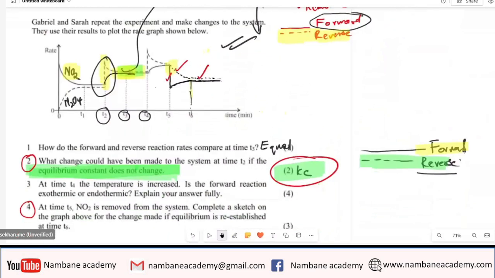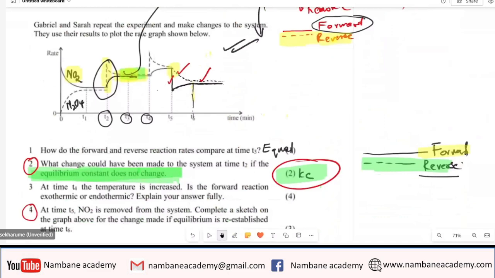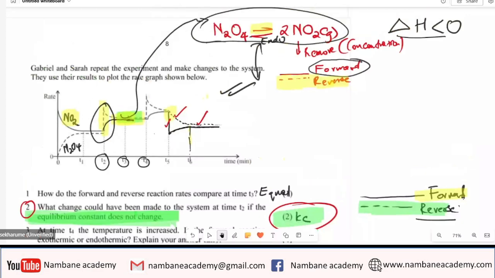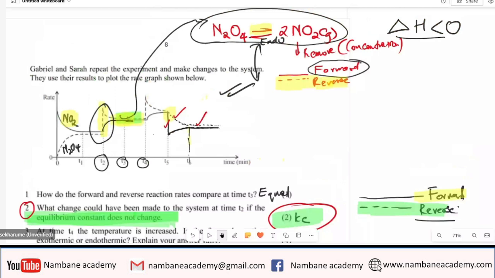Okay. So then now you need to say the delta H, let's check the delta H. I'm increasing the temperature. The solid line will be the forward, the reverse one will be the dotted line.